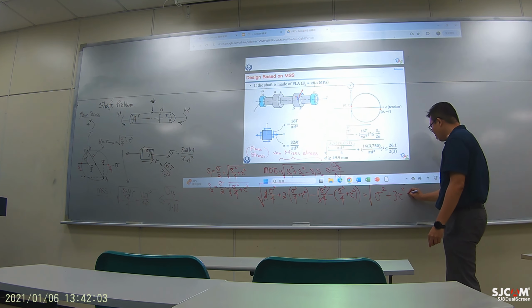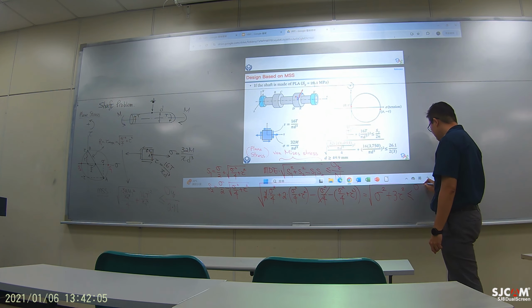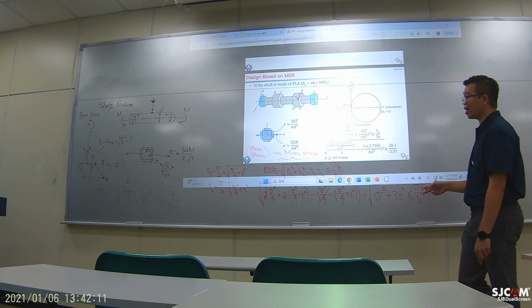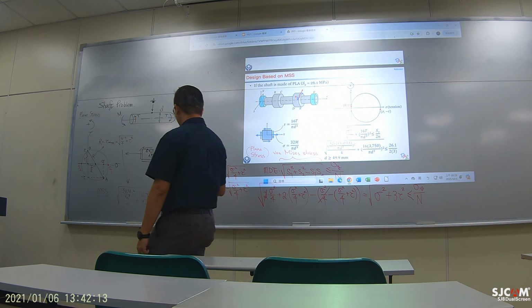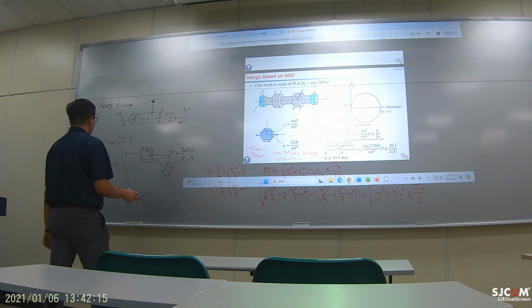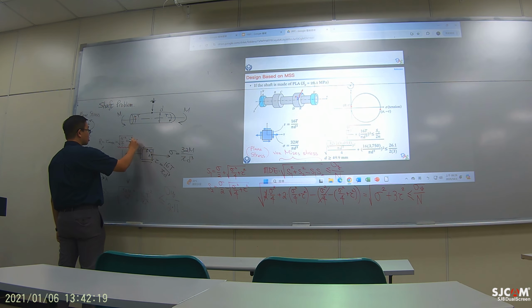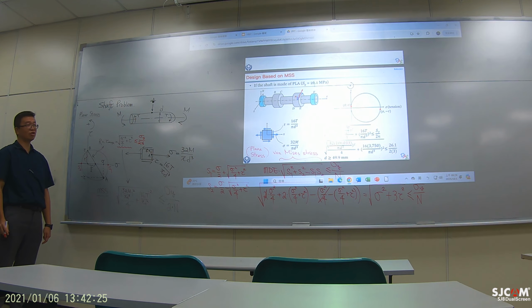And this has to be smaller than sigma y over n. Okay? And what's interesting is that for this particular equation, we know this has to be smaller than sigma y over 2n.